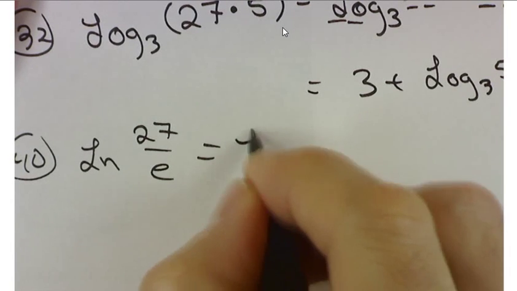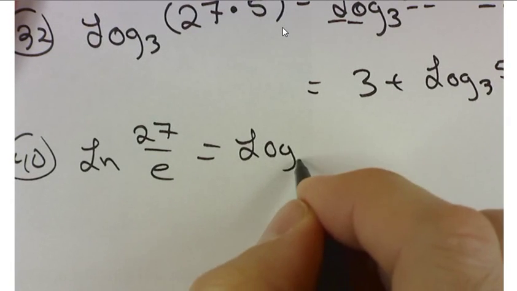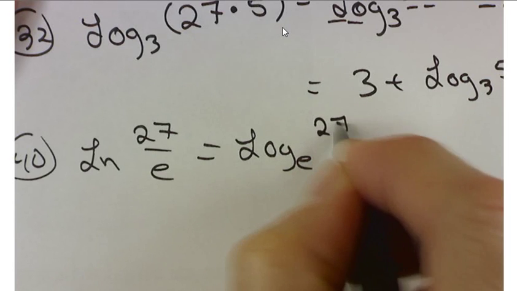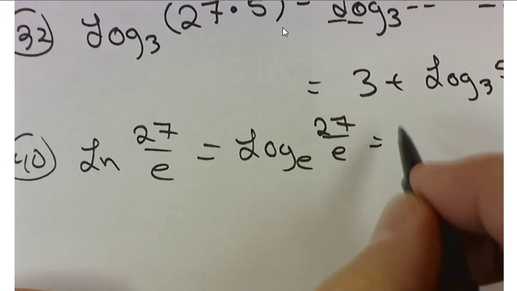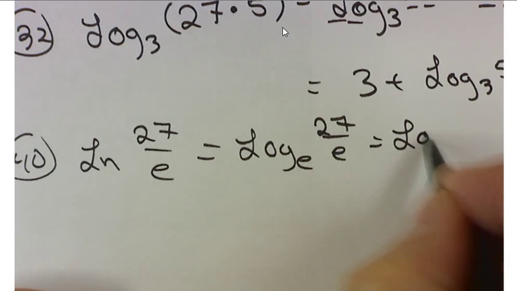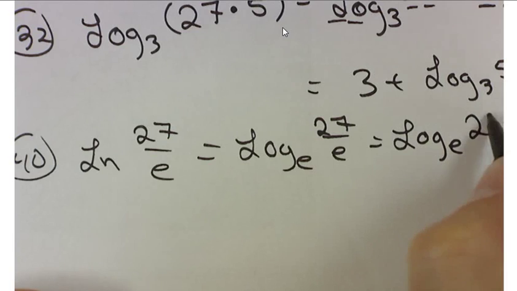Now you can write this as log base e of 27 over e. And there is, at least in this case, a little advantage in doing that. Maybe it'll help you see some simplification. That's going to be the log base e of 27 plus the log base e of e.